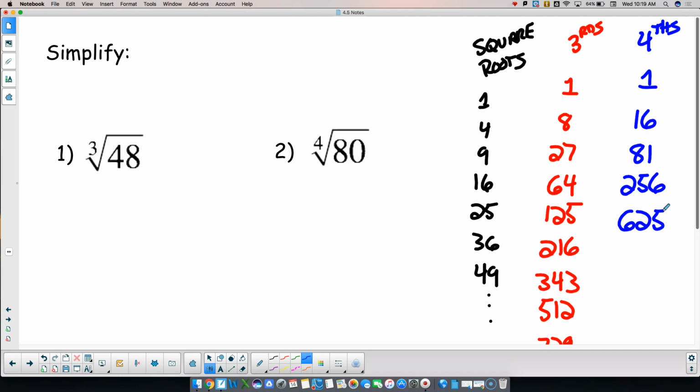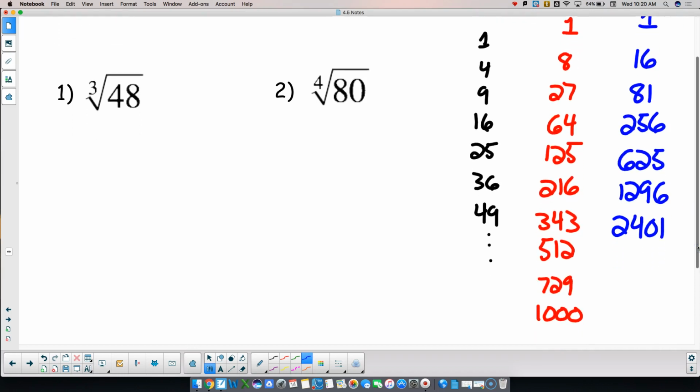I think it's 1,096. 216 times 6 is, yep, nope, 1,296. 343 times 7 is 2,401. Probably won't ever have to use these big ones. 4,096. 6,561. 10,000.